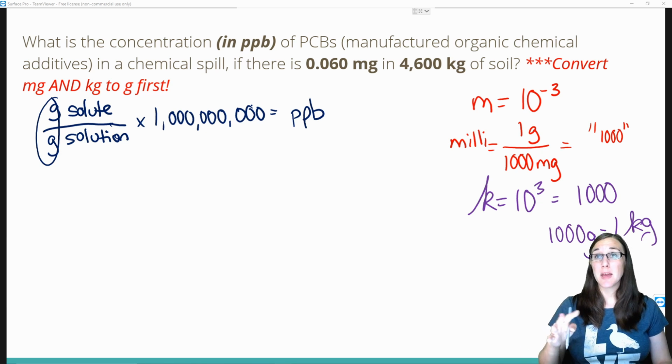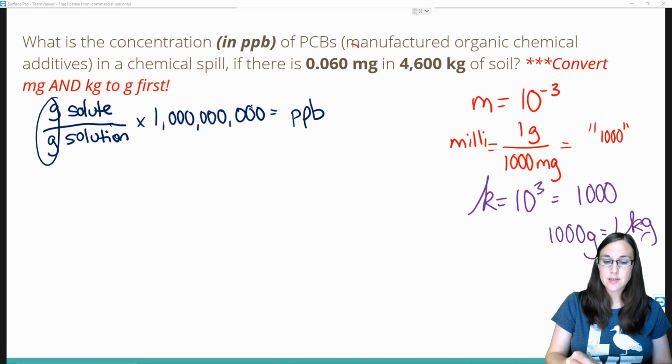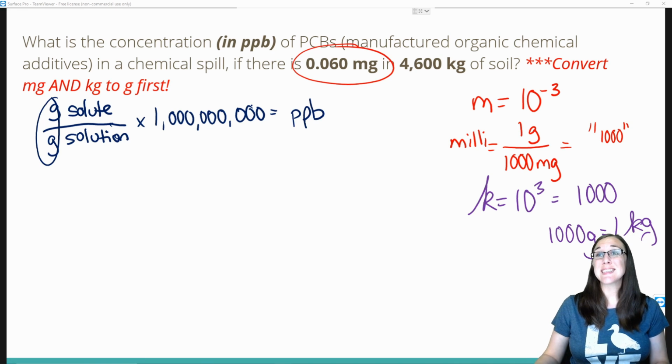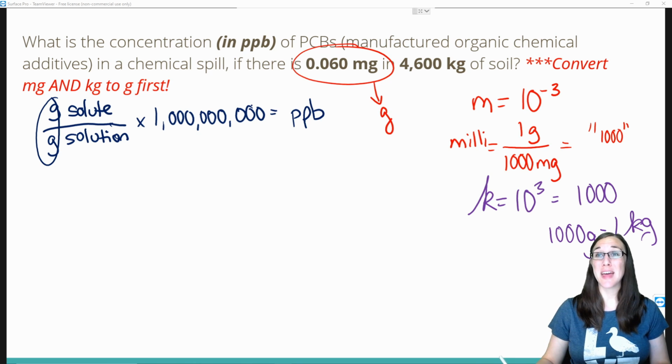I'm going to explain both methods of using these as a conversion factor. There's two different ways you can think about it. Feel free to use whichever way is more comfortable for you. So the first thing we got to do is take the given value of 0.06 milligrams and turn that into grams. So our goal there is to make this a gram. Get rid of the m.